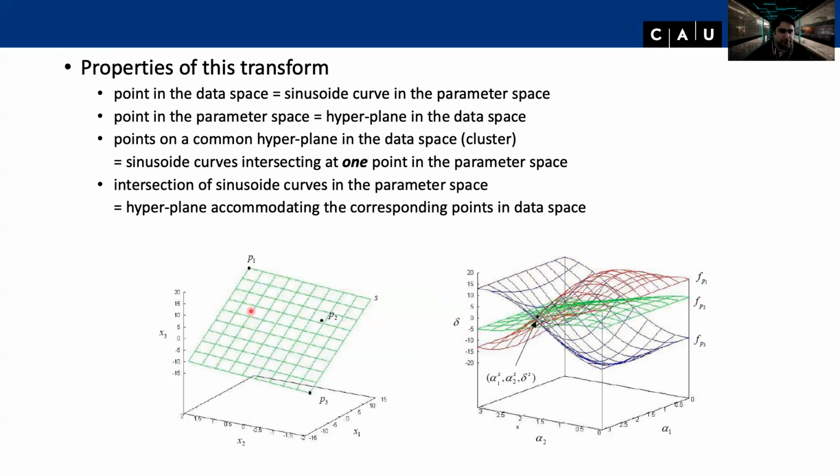This is this duality. So points on a common hyperplane in the data space equal sinusoid curves intersecting in one point in parameter space, and an intersection of sinusoid curves in parameter space corresponds to a hyperplane like this green one, accommodating the corresponding points P1, P2, and P3 in data space. So there's basically the duality now visualized on a three-dimensional example.